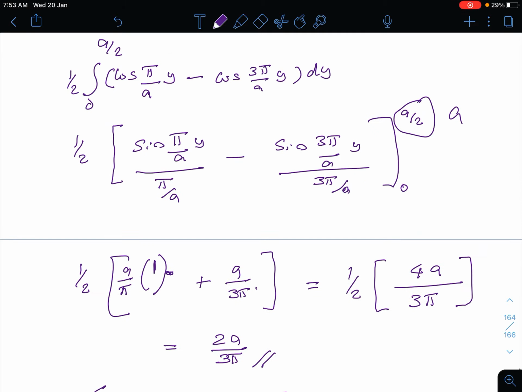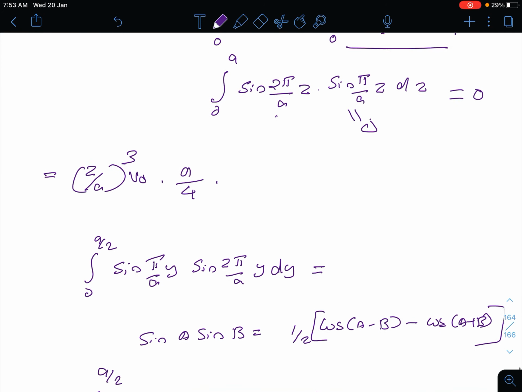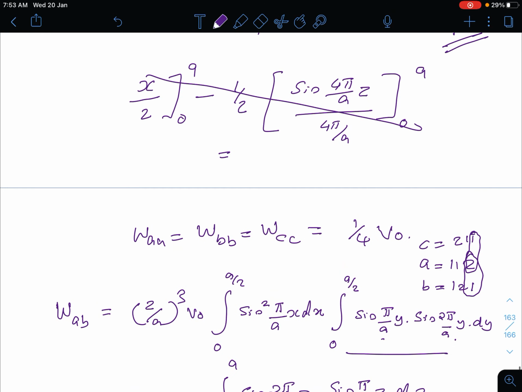Okay. Now let's check what is WBC. No problem for BC because it is 1 1 for the Z component.